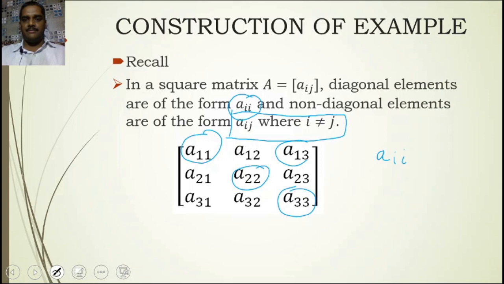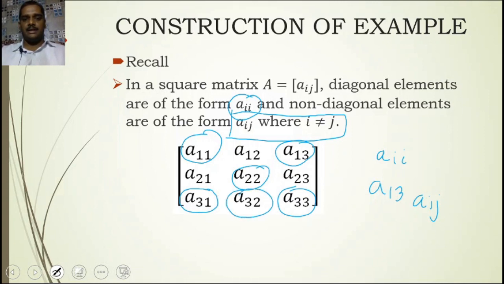And if we pick any one element from the remaining, that is a non-diagonal entry. Suppose I pick this A13. So A13, you can see the row index is not the same as the column index. So for a non-diagonal entry, the element is of the form Aij, where i is not equal to j. You can pick any non-diagonal element. Suppose I pick A31, you can see i is not equal to j.